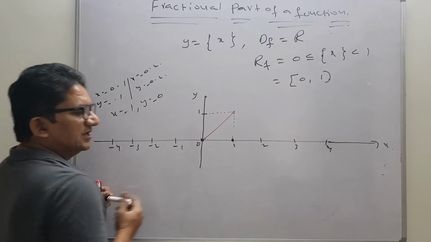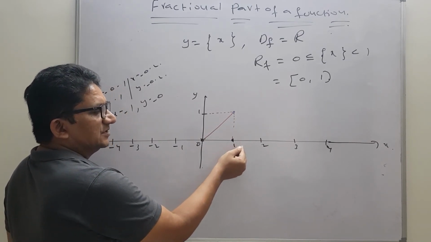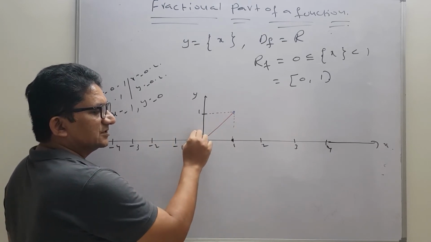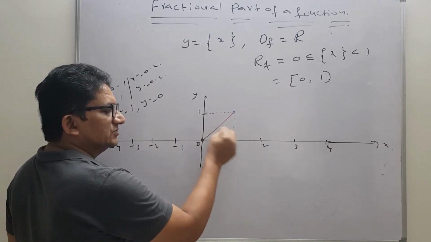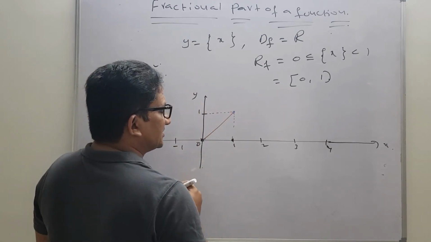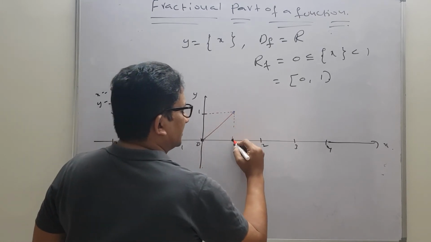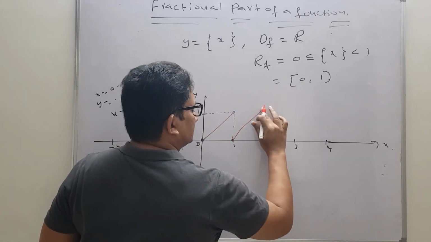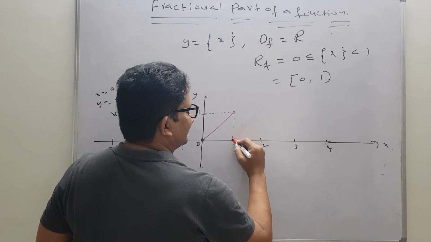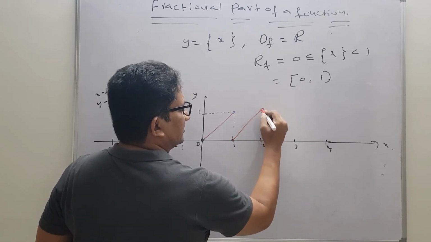Now we will take the values between 1 and 2. If x is 1.1, then y is what? 0.1. So it comes here. X is 1.2, y is 0.2, because we only need to pick the fractional part. That means again we will get a straight line which is parallel to this one. It will go up to here. When exactly at 2, here we will get a bubble.